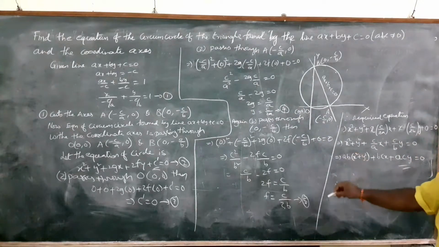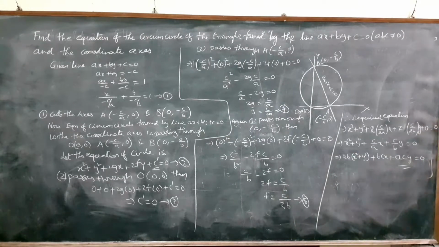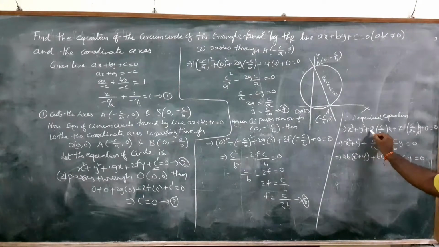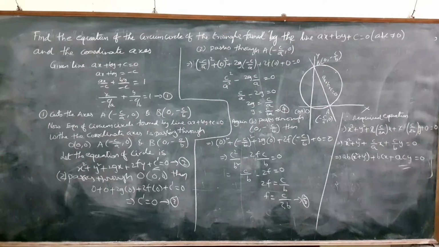What is f? c/2b. What is c'? It is 0. Then x² + y² plus this 2 and this 2 cancel. What will remain? (c/a)x + (c/b)y + 0 = 0.